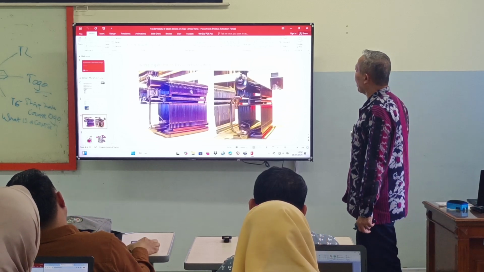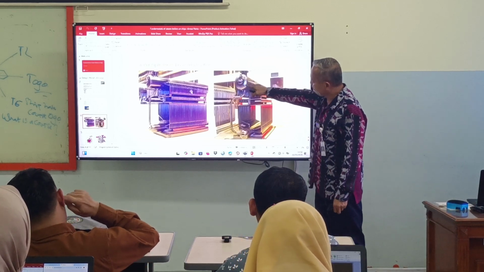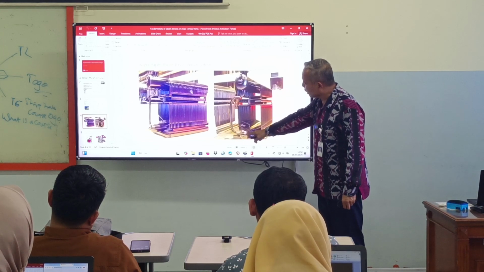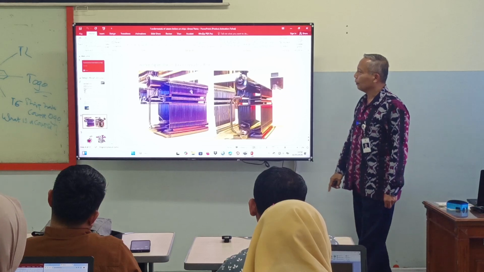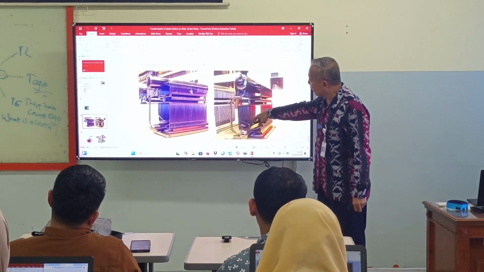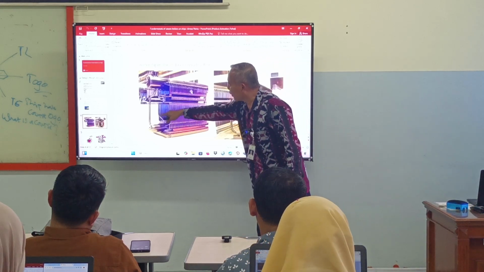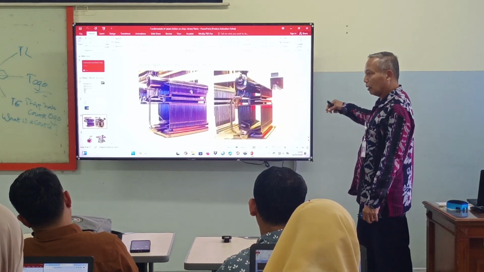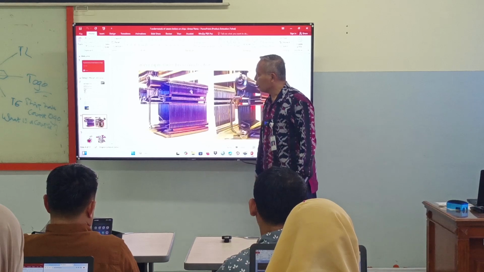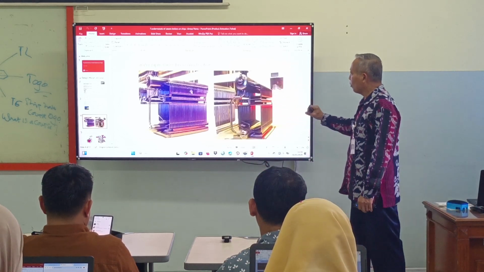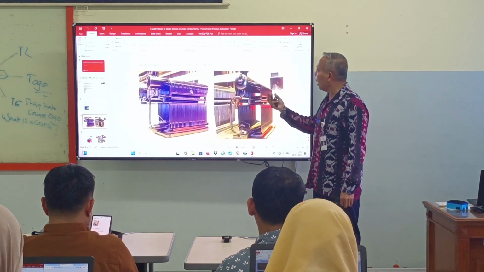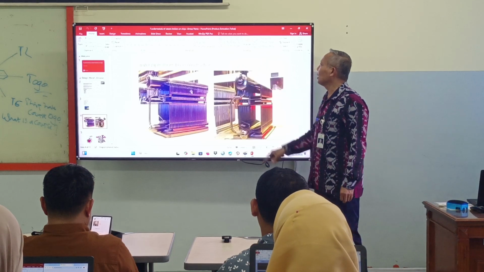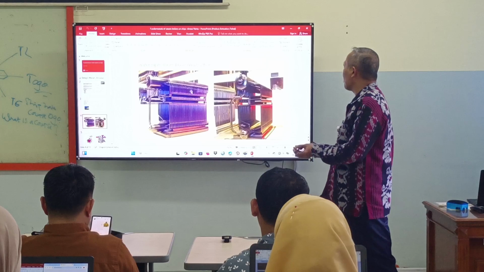And then this is the piping construction of the main boiler. This is a drum, the steam and water drum, and then the piping for the water line, the combustion for the steam, and the steam drum.